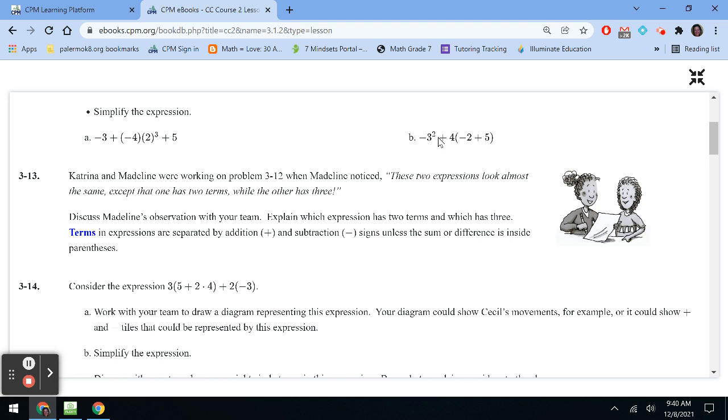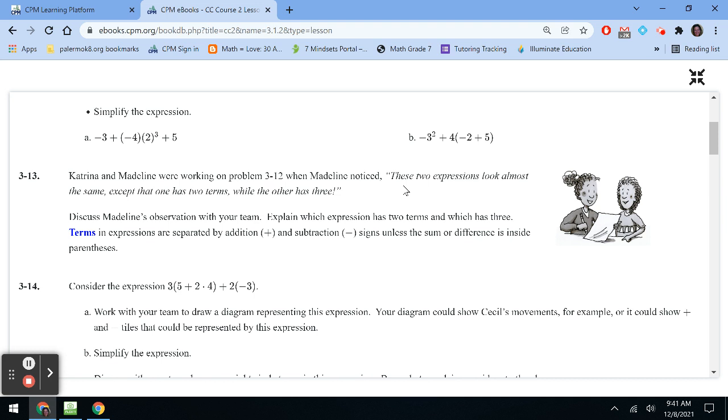The other one that they expected you to also be able to draw and simplify down to one number was the opposite of 3 squared plus 4 groups of -2 plus 5. So again, I am not asking you to draw those out nor to do anything with it other than to use it for reference for 313.